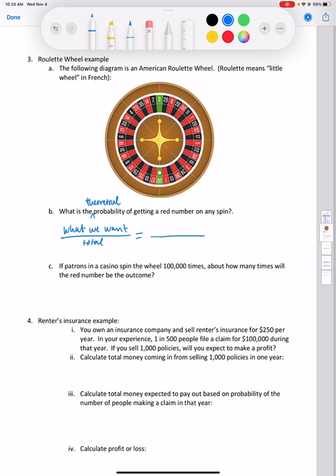Let's calculate the total here. The wheel is divided into 8 sections, and let's do the halves. We have 1, 2, 3, 4, 5, 6, 7, 8, 9, 10, 11, 12, 13, 14, 15, 16, 17, 18, 19. There are 19 spaces for every half, so 19 times 2 is 38. So we have a total of 38 possible numbers.